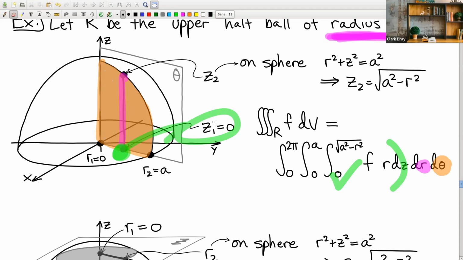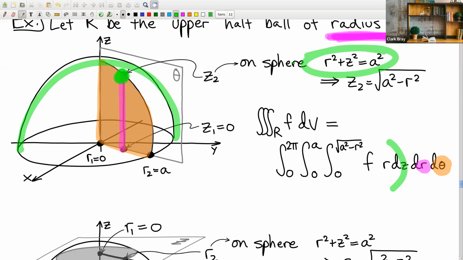And then our ending value of z is going to come from that point. And here we're going to go ahead and actually do the algebraic work. That point is on what surface? What do I know about that point? Well, it's on the sphere, which has that equation.